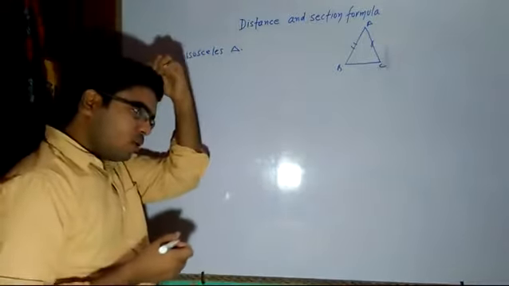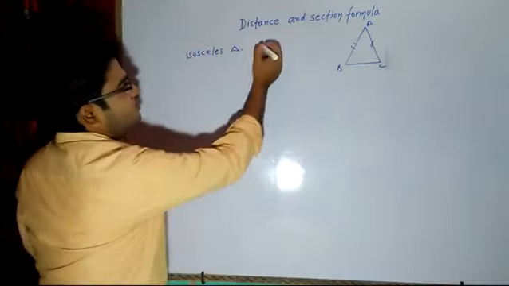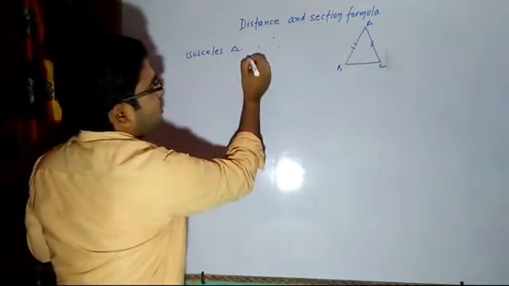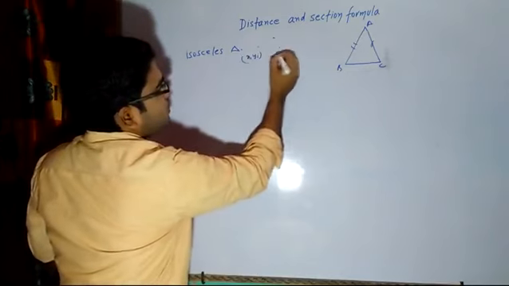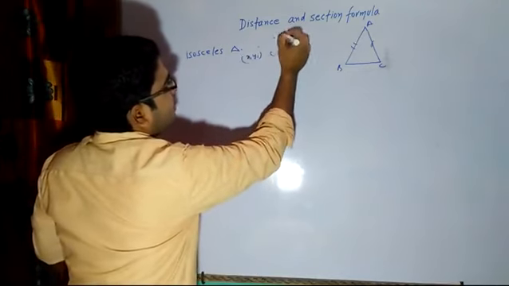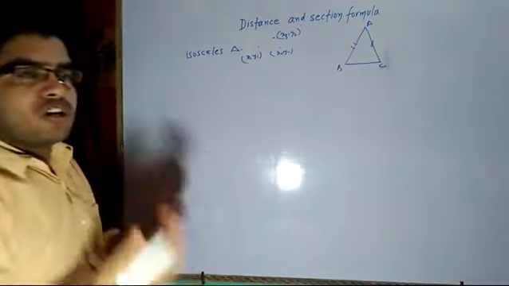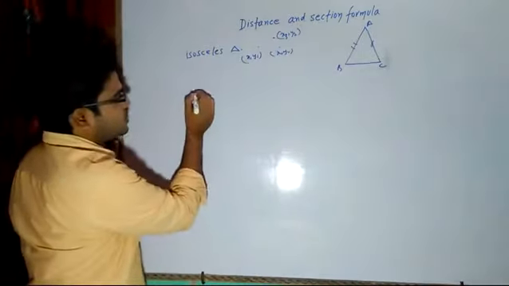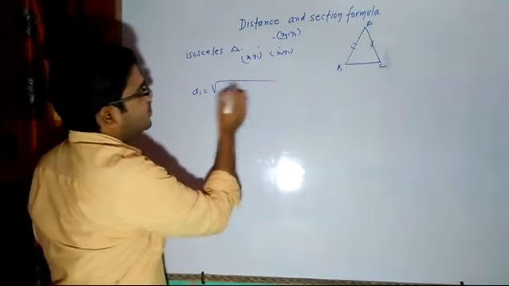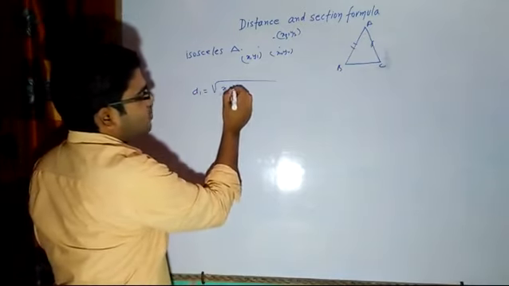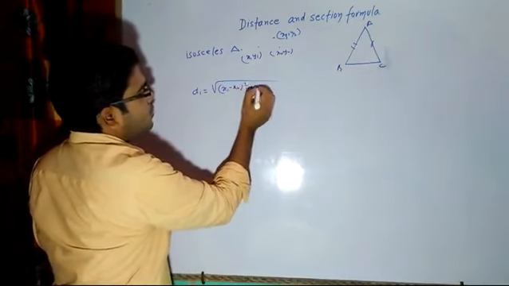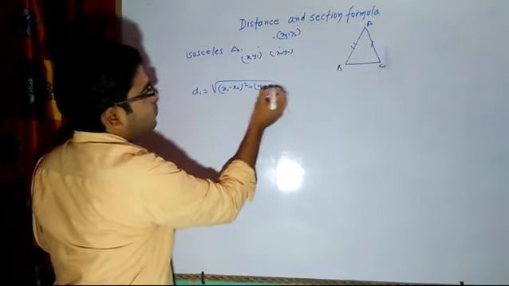To find out all those things, when 3 points are given, suppose you name them x1, y1, then x2, y2, and then x3, y3. If they ask what type of triangle it is, your first task will be to calculate distance d1, which is the square root of (x1 minus x2) whole square plus (y1 minus y2) whole square.